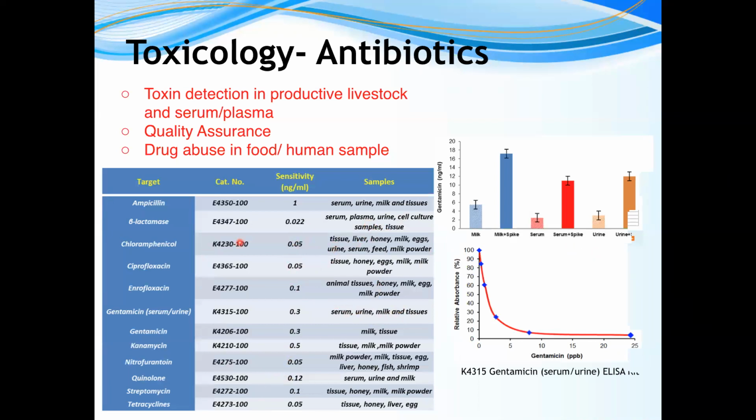And most of these kits can be used for honey, milk, egg, milk powder. That means that these kits can also be used for food samples, which makes it interesting for the food industry, and for researchers involved in the research of food quality.